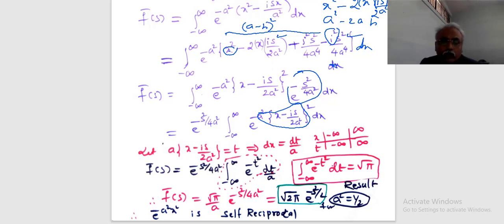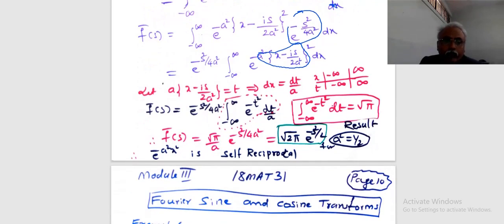Now if at all I have to show that something is reciprocal, choose a square equal to half. When you choose a square equal to half, e raised to minus a square x square becomes e raised to minus x square by 2.